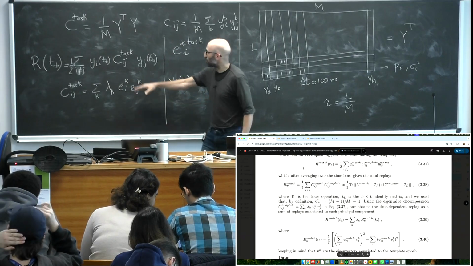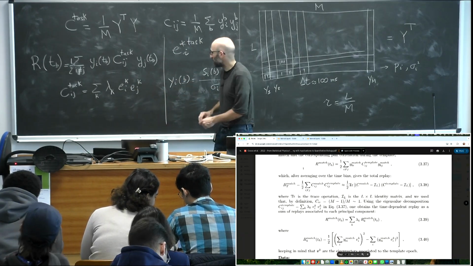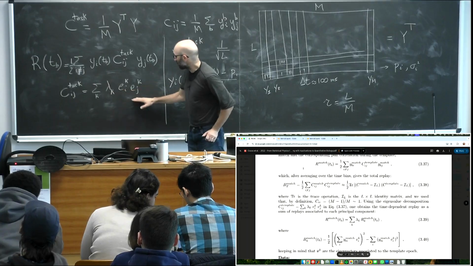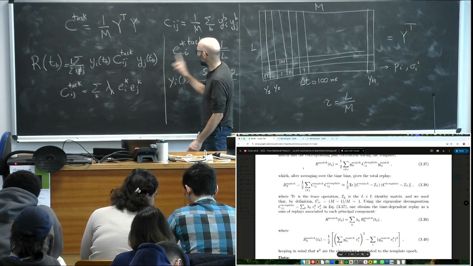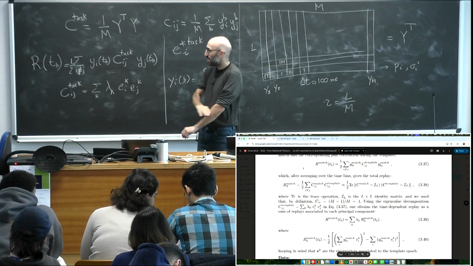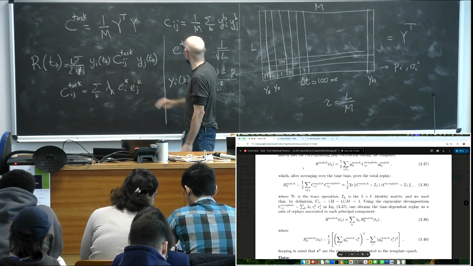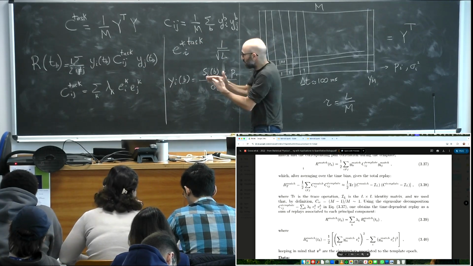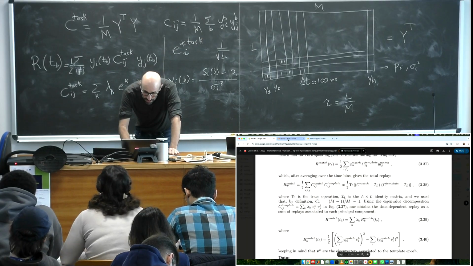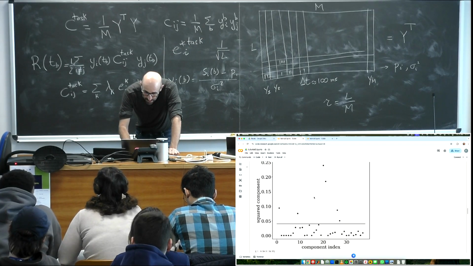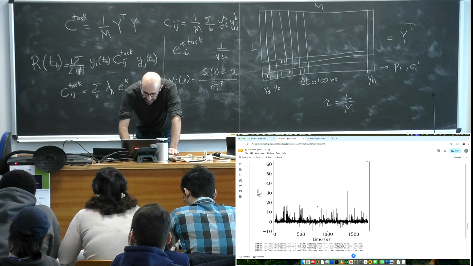So you decompose on the projections of the different components, and if you take, for example, the principal component, you put lambda 1 and E1, you see that you get the scalar product of the activity at time t with the principal component. So this is done here, and you can check.